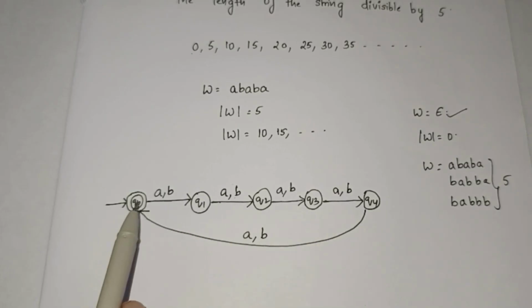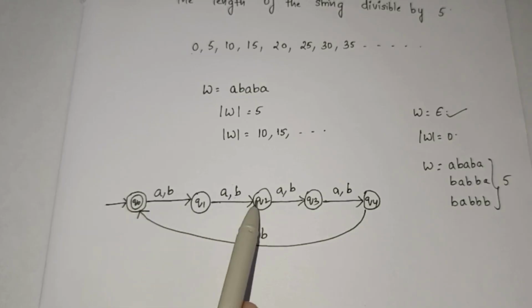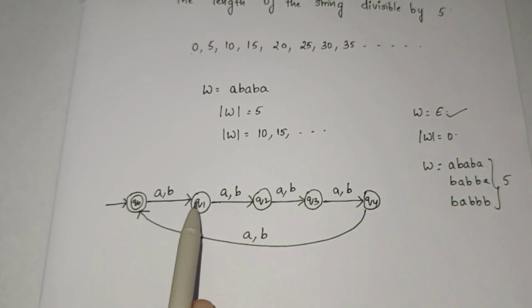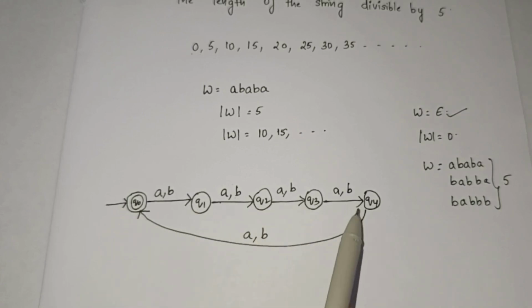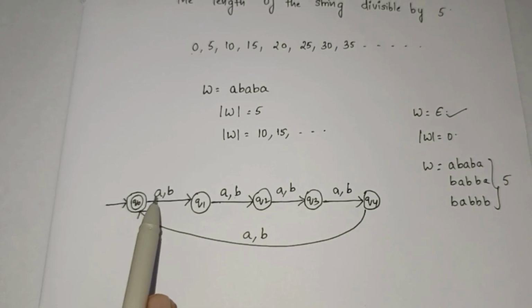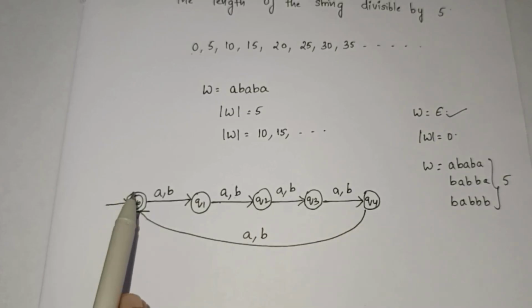Now we will check. The length of the string is 0, which means it is accepted. Next it is 5: 1, 2, 3, 4, 5, accepted. 6, 7, 8, 9, 10 accepted. 11, 12, 13, 14, 15 is accepted. Every time we are adding 5, so that becomes the multiples of 5.